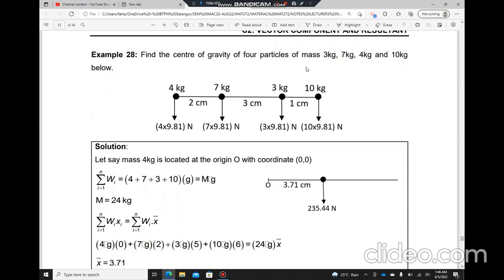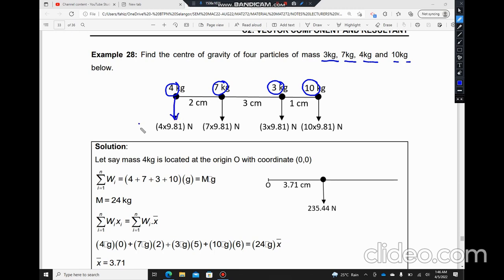Okay, for example 28, find the center of gravity of 4 particles of masses 4, 7, 3 and 10 kg below. Okay, so dia dah bagi diagram kat sini: 4, 7, 3 and 10. So semua ni dia ada berat, weight.